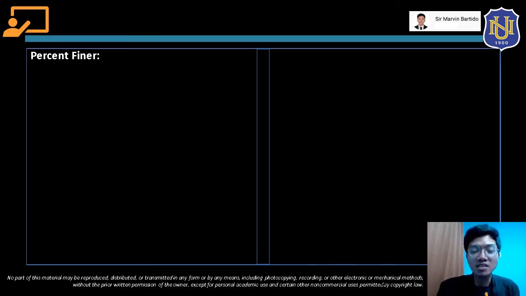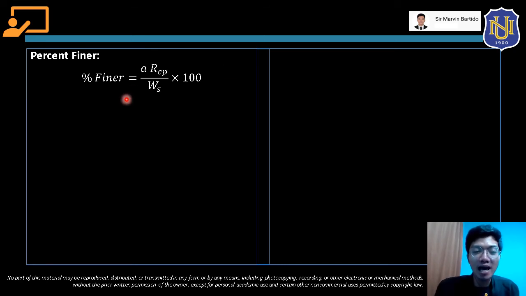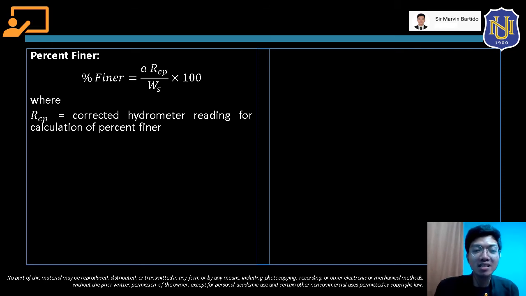Okay, so for the percent finer, this is the formula to solve the percent finer. This is equal to A times R sub Cp over W sub S times 100. Wherein yung R sub Cp, that is the corrected hydrometer reading for calculation of percent finer. So, to solve for R sub Cp, ito class yung formula.